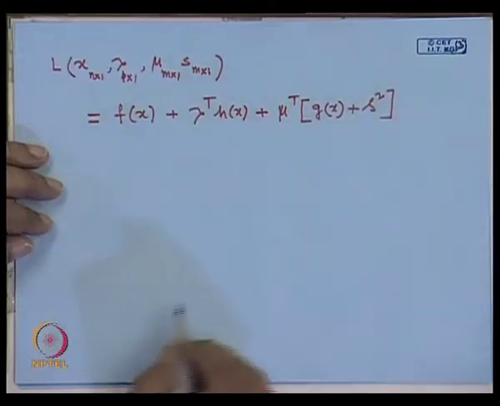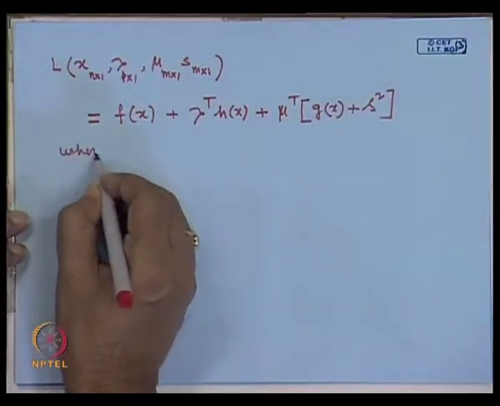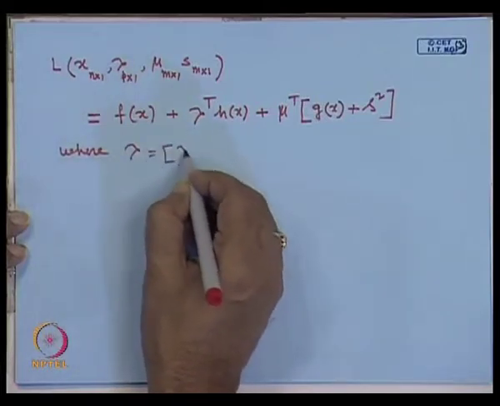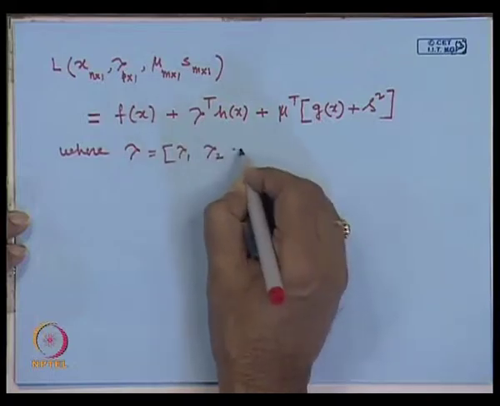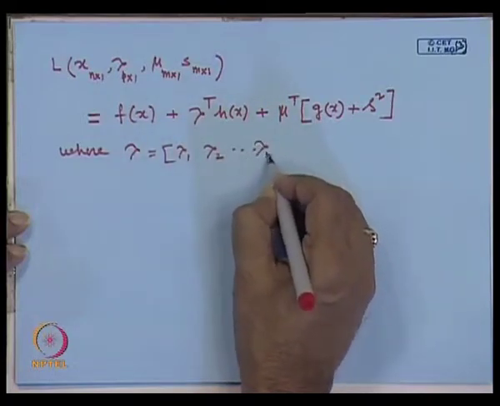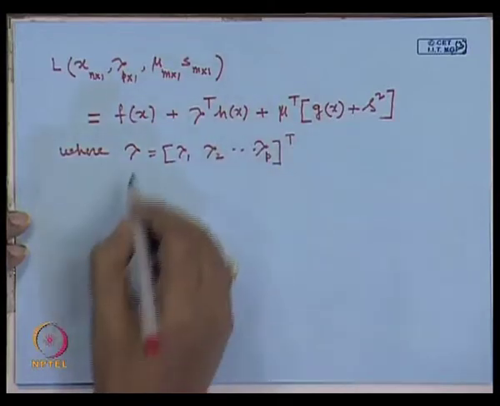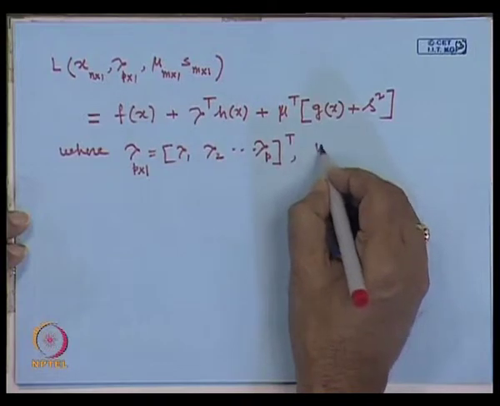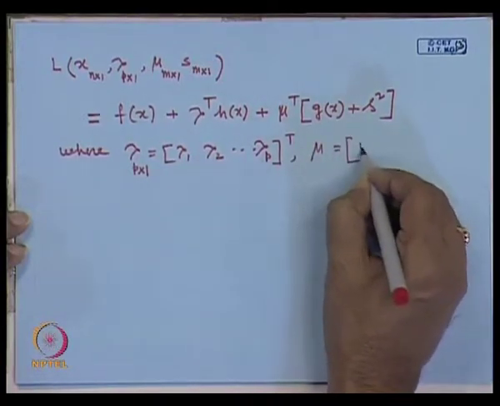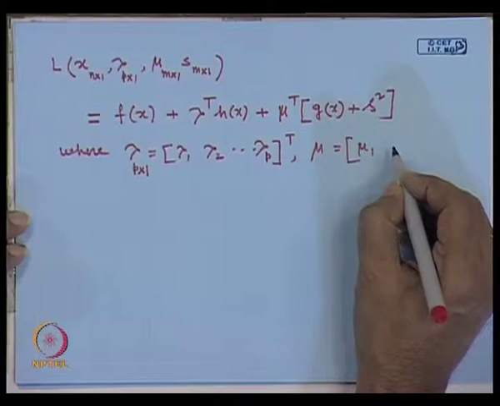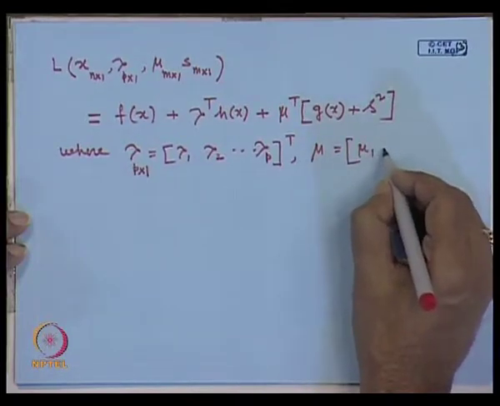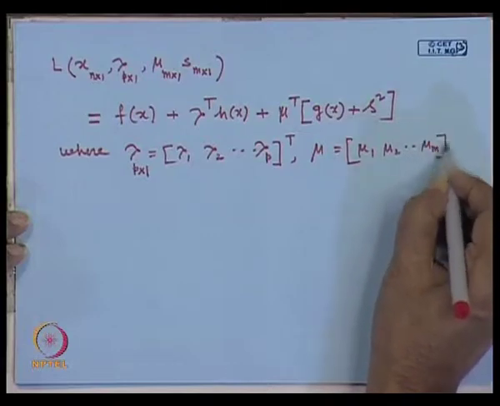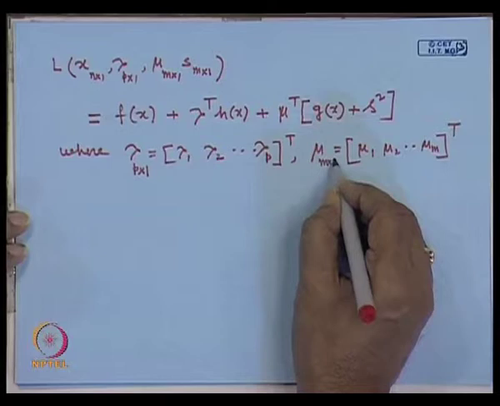So, agree, where I am writing lambda is equal to lambda 1, lambda 2, up to lambda p, transpose, and lambda dimension is p cross 1. Similarly, mu dimension is mu 1, mu 2, up to mu m, transpose, whose dimension is m cross 1.